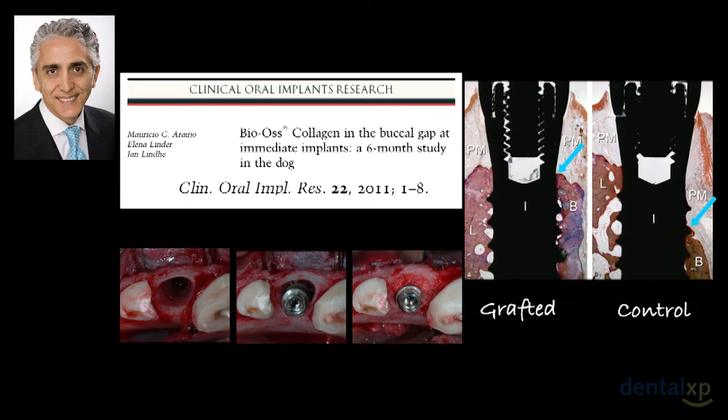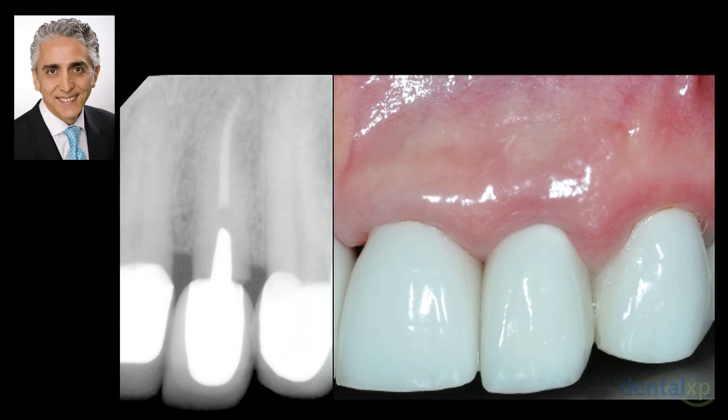There's also been histological evidence from Araujo and Lindhe, which demonstrated in this dog study that the sites that had graft placed in the interface between the implant and the socket had maintained the thickness of the facial plate better, and also vertically, the crest of the bone maintained its height better and was consistently positioned in a more coronal location. So we're going to graft that.